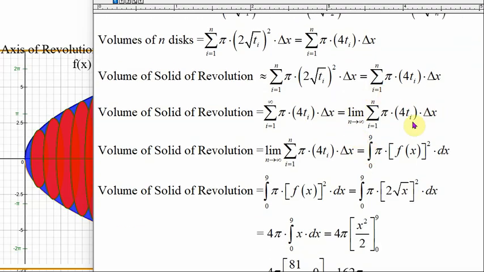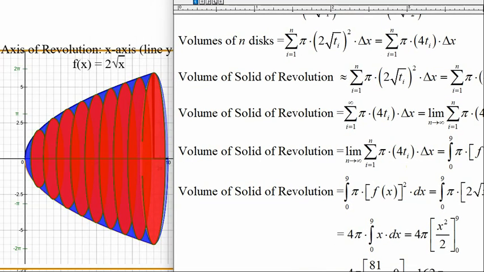If this limit exists, then we define it as this definite integral from 0 to 9 of pi times f of x, which is the radius squared, dx. The limits are 0 to 9 because for this solid of revolution, x runs from 0 to 9.